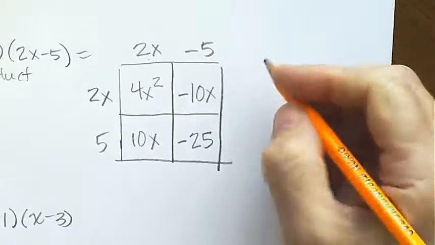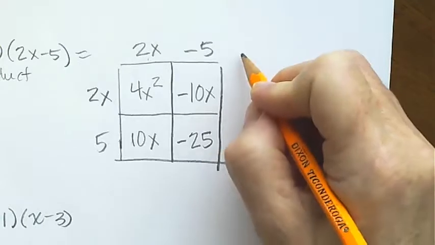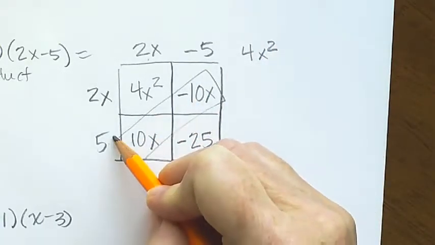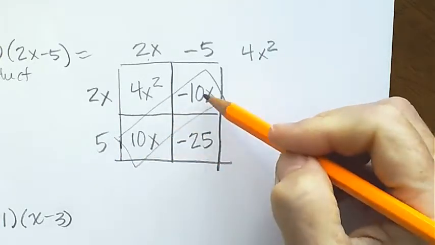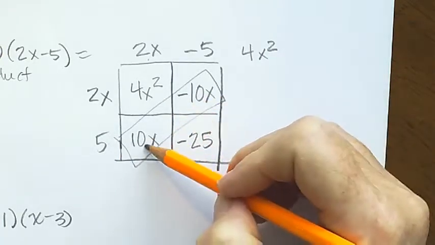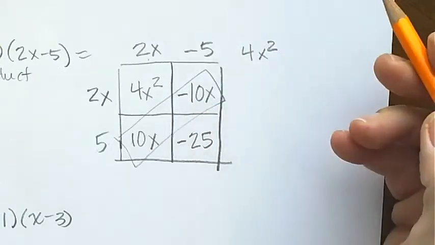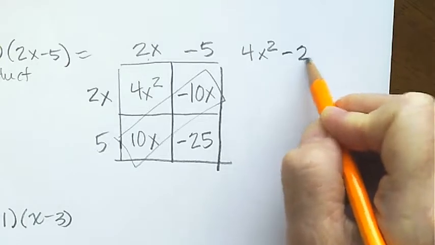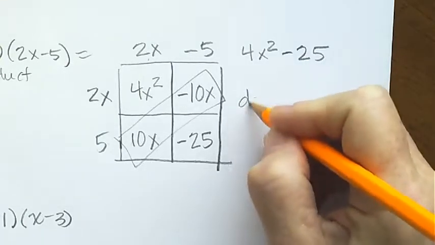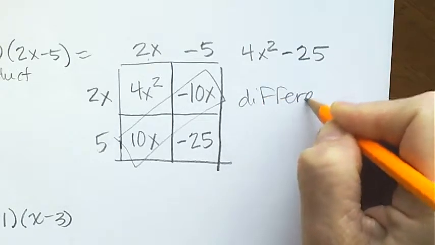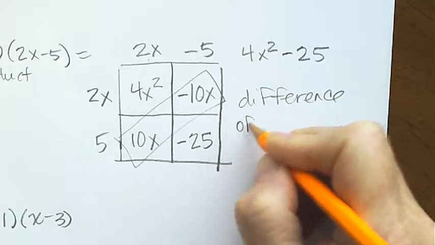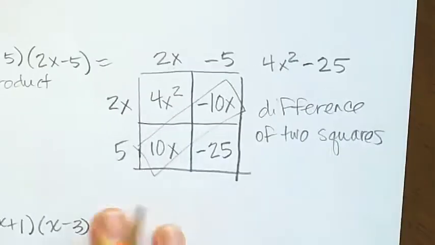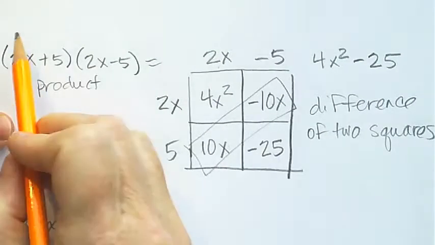So as a sum, this would be 4x squared. When I go to combine these terms, they cancel each other out, because when I add positive 10 and negative 10, I get 0. So I'm not going to write anything for these two terms, and then minus 25. This is a difference of two squares. And I'm going to go ahead and write something to help you.